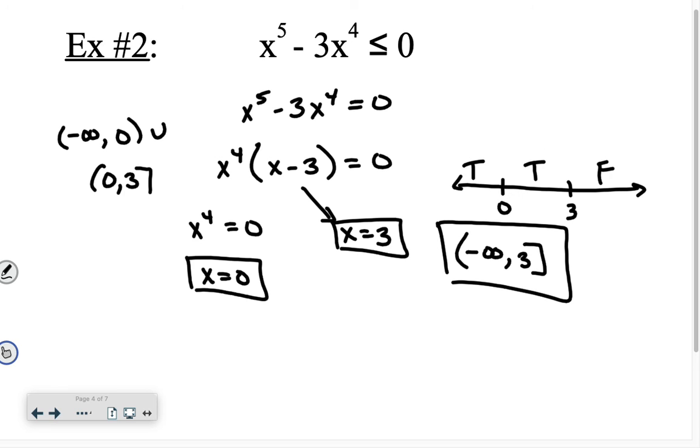If you notice this interval compared to the actual final answer, it's the same thing if you put it together, with the exception of what? One number. 0. Just not including the 0. So if that wasn't less than or equal to, it was just less than, that's how you would eliminate only the 0 out of there.